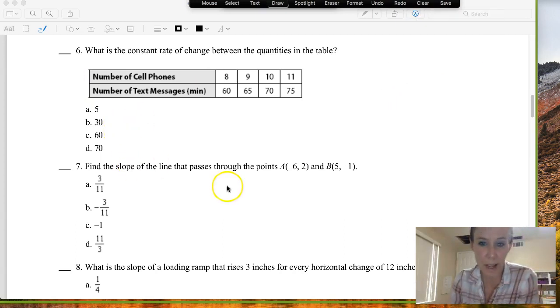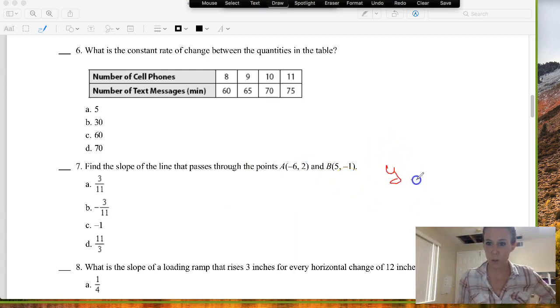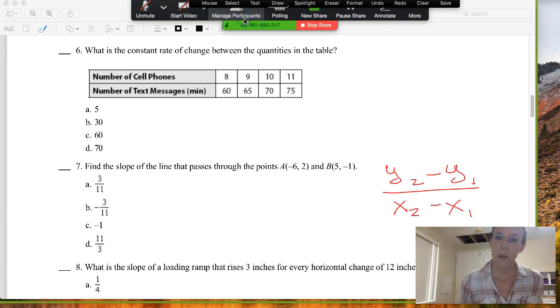All right, find the slope of the line that passes through these 2 points. Once again, slope is just the change in the y's over the change in the x's. So you're just going to look at your x and y points.